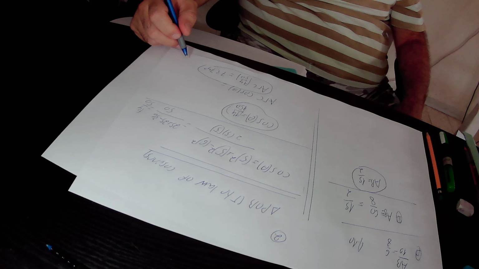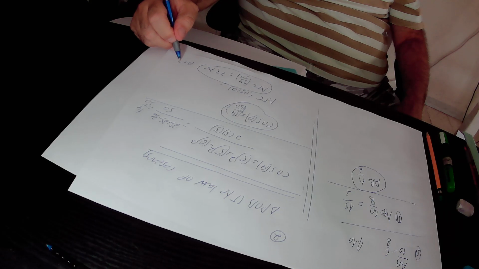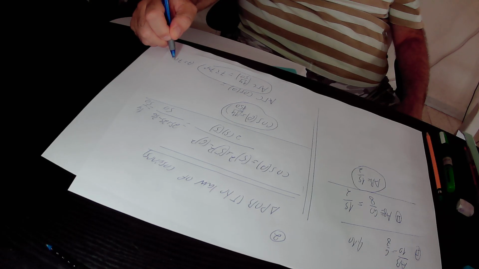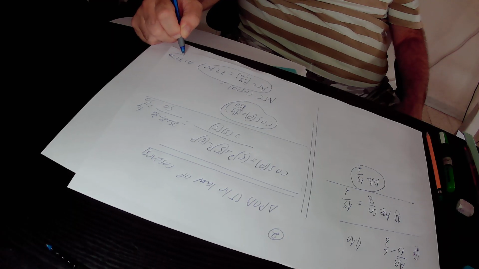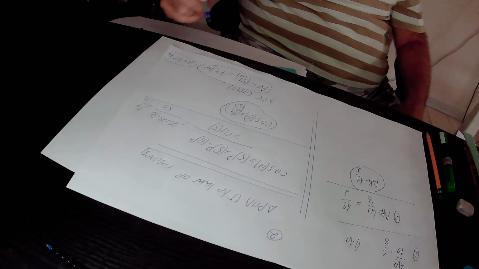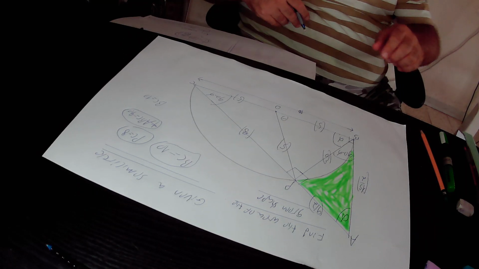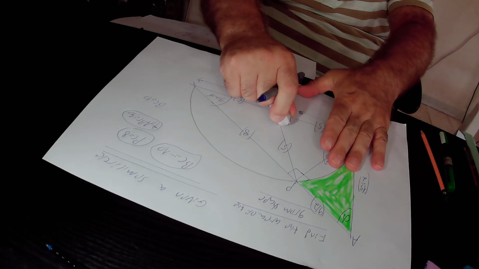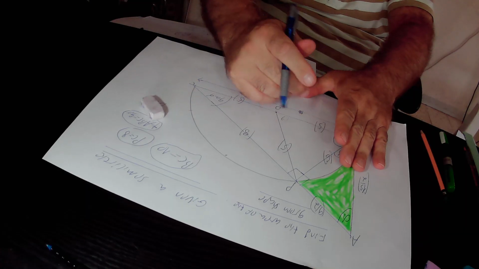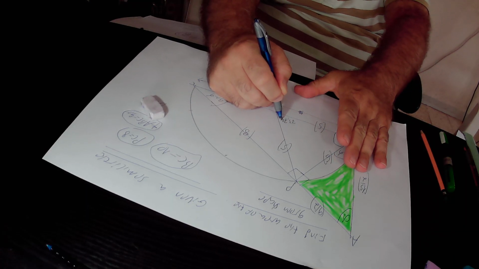So we found out that angle theta equals 73.74 degrees. This is angle theta, and the size of angle theta is 73.74 degrees.